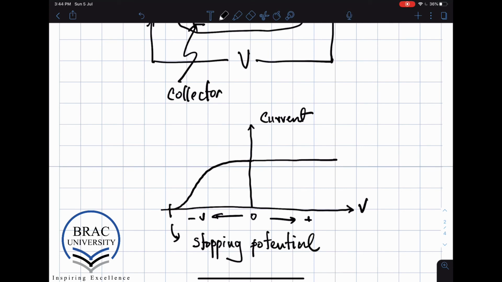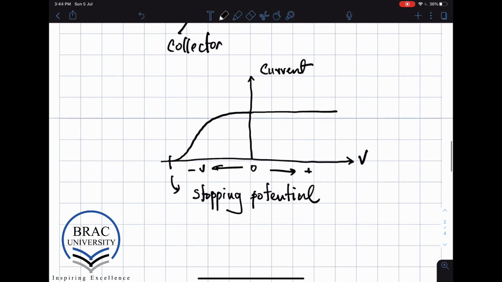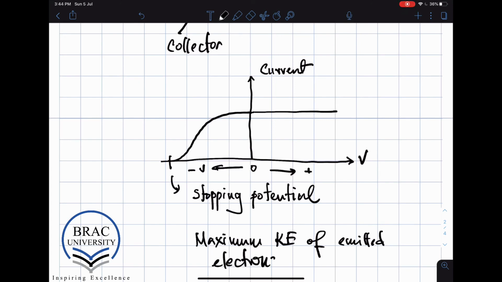And if you just multiply this with the charge of the electron, we get the maximum kinetic energy of the emitted electrons. This is a very clever experiment.